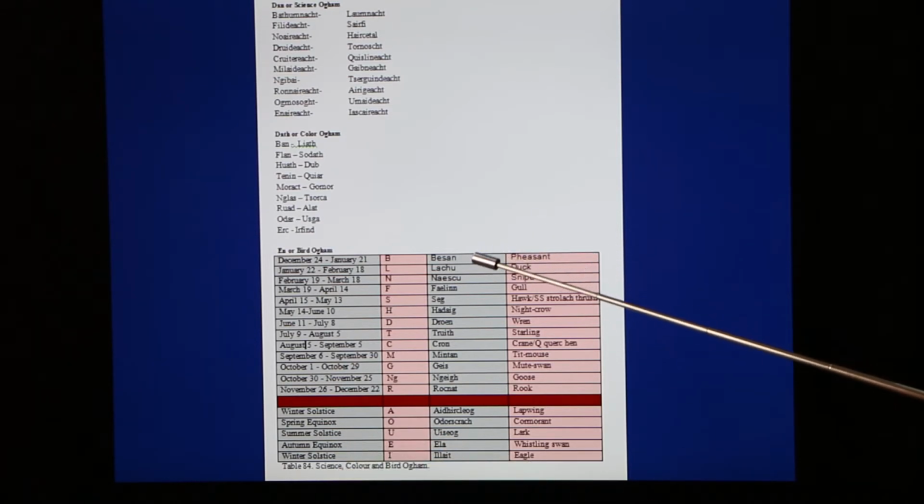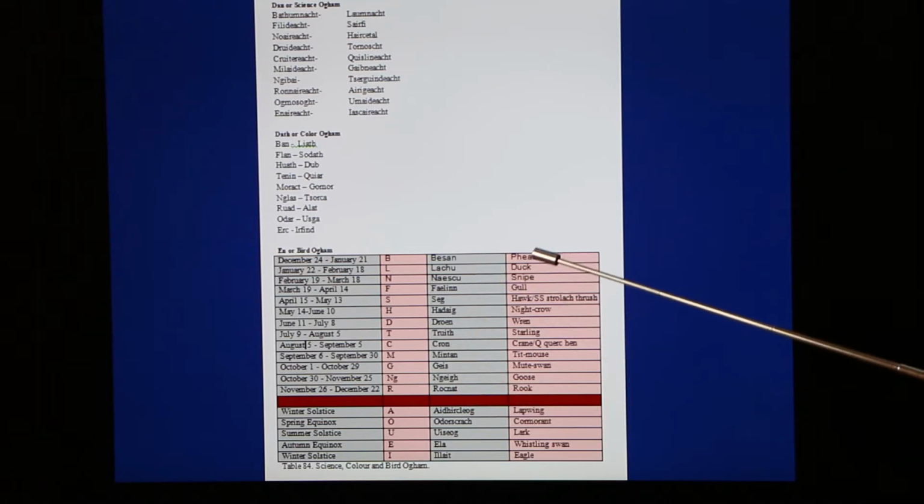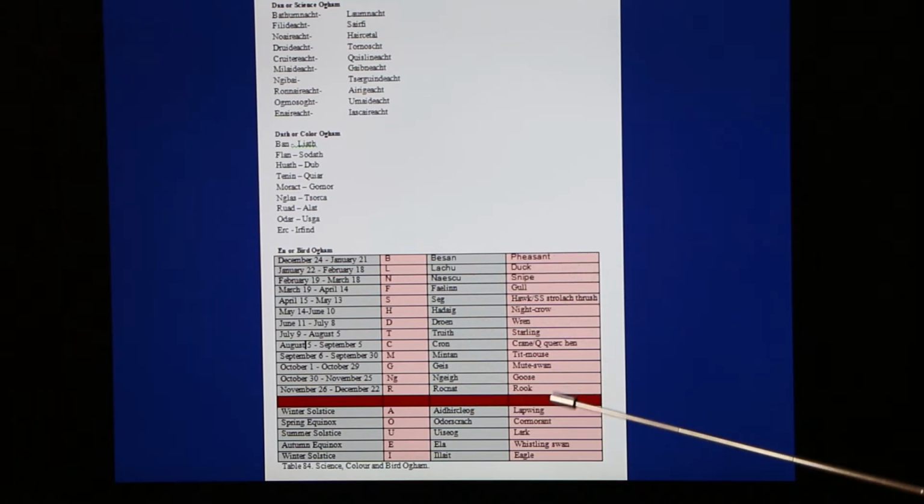And these also then become names. So you have a bird Ogham, and they become names of birds. And so if I wanted to be a learned Druid, I had to learn up to 80 different Oghams. So this is like an encyclopedia.